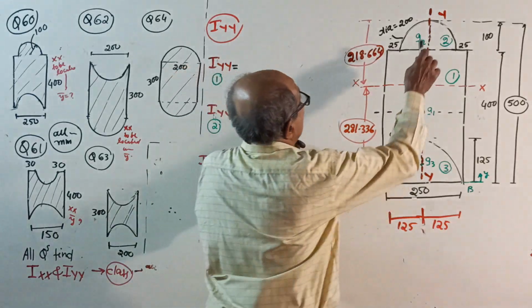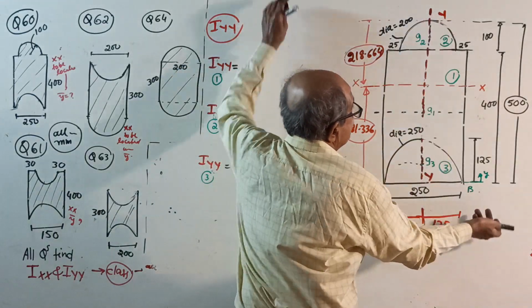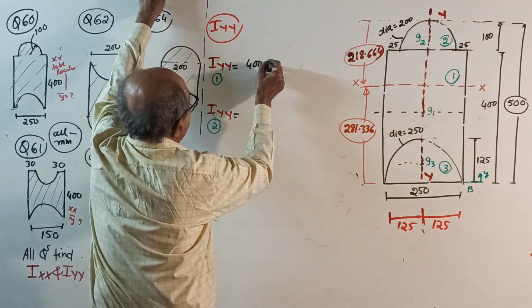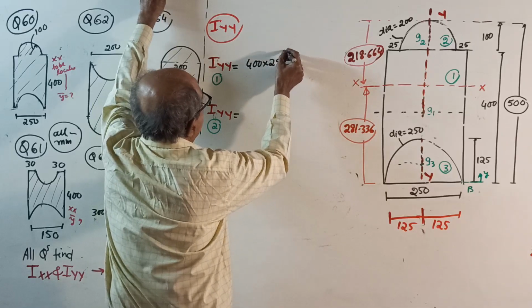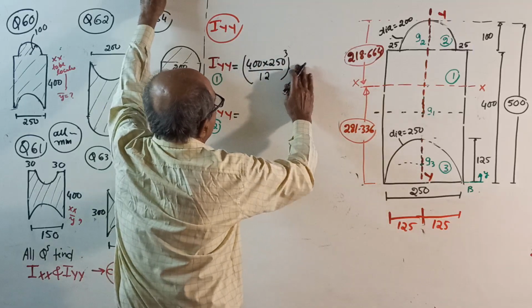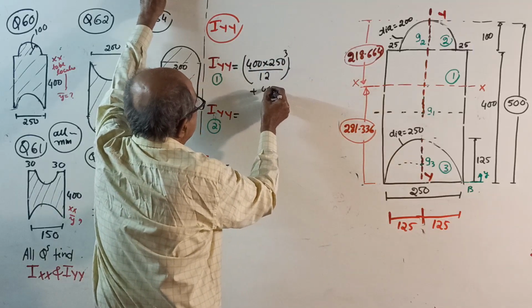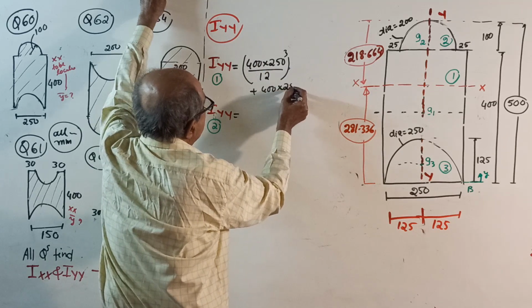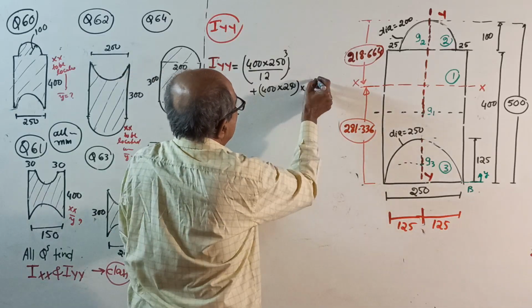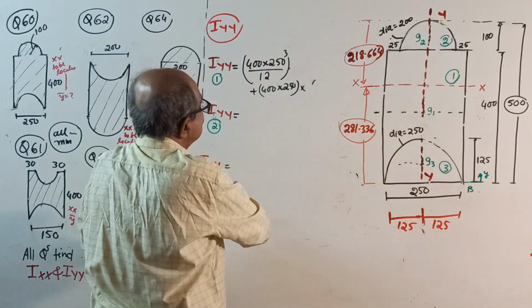Okay, start here, first here. I about its own axis: 400 into 250 cube divided by 12 is IG, plus area, 400 into 250 is the area, into distance square, which is 0 square.